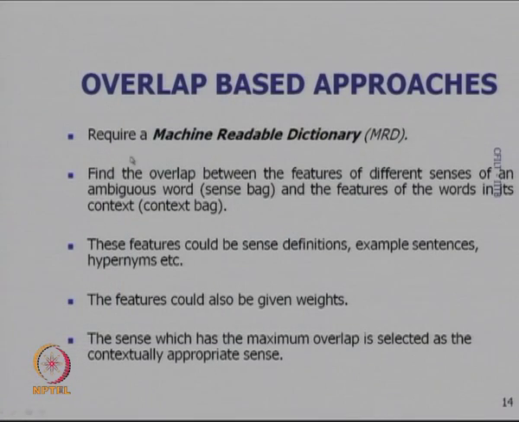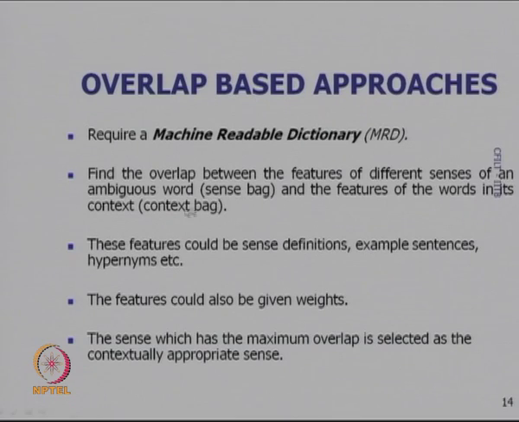So, this is what is written here. Overlap based approaches need a machine readable dictionary. It finds the overlap between the features of different senses of an ambiguous word, and these different senses are known as the sense bag, and the features of the words in the context of the word being disambiguated are called the context bag.